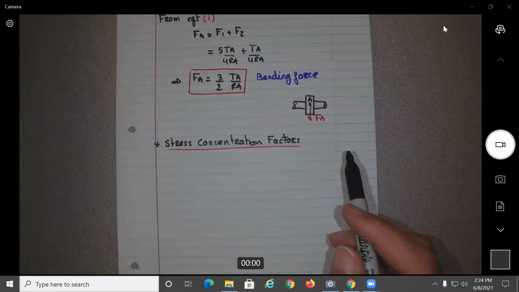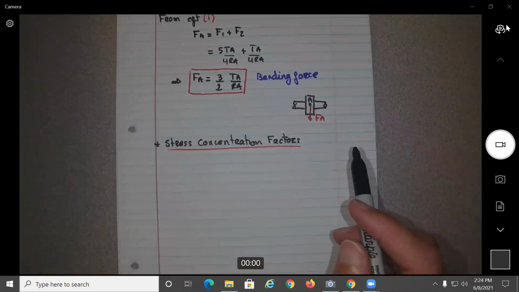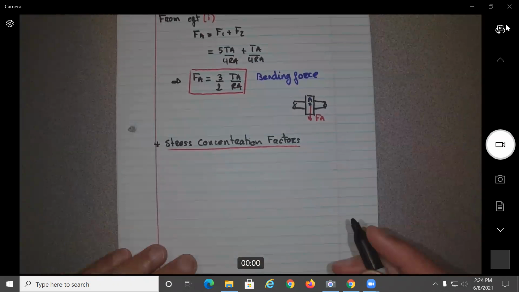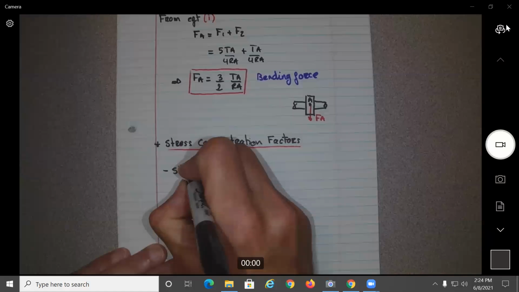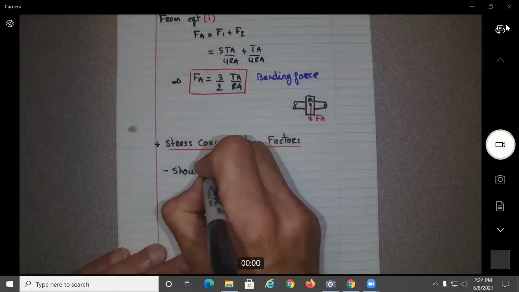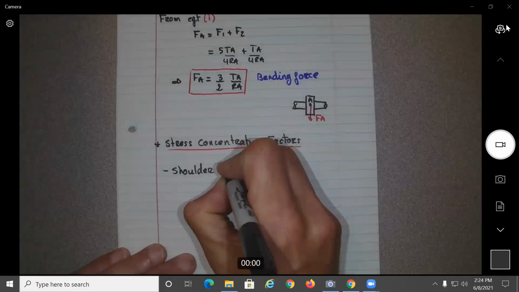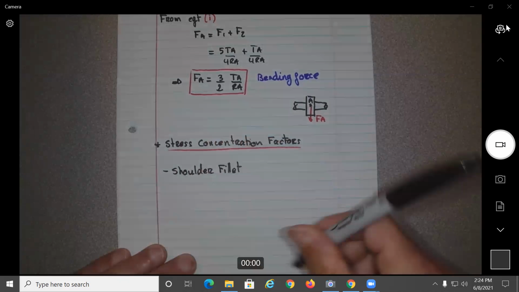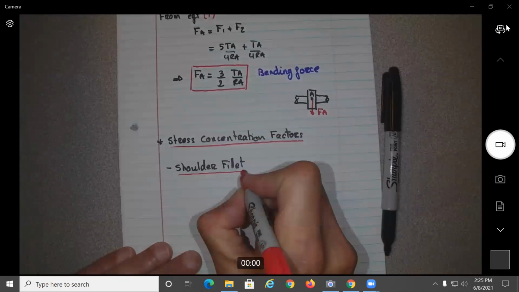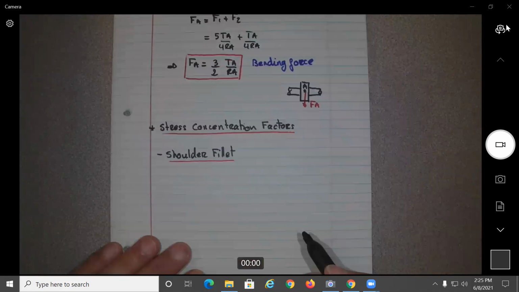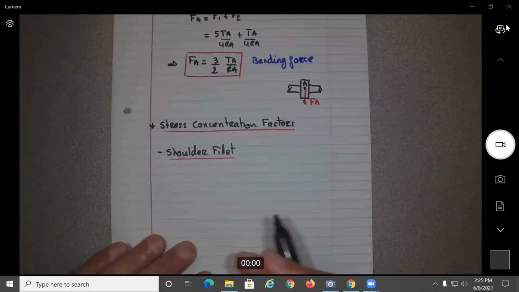And let me talk about which effects I'm talking about. The easiest one is what is known as the shoulder fillet. That one, you use it many times in CATIA.